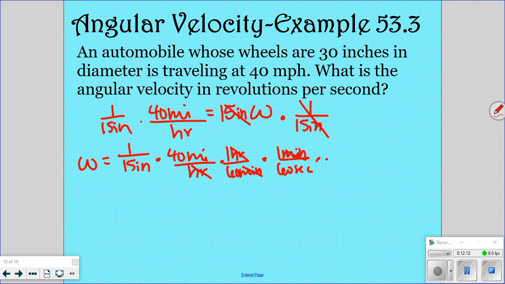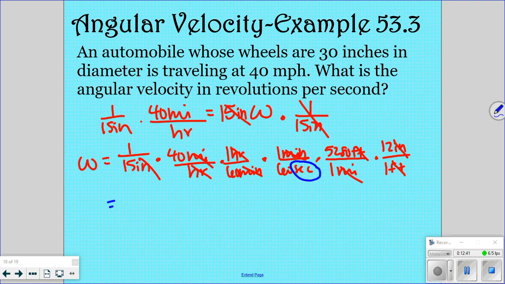And what's actually going to happen, 1 mile is 5,280 feet, and 1 foot is 12 inches. Your miles cancel, and your feet cancel, and your inches cancel. And so now we only have per second. There is no other unit in this problem right now.